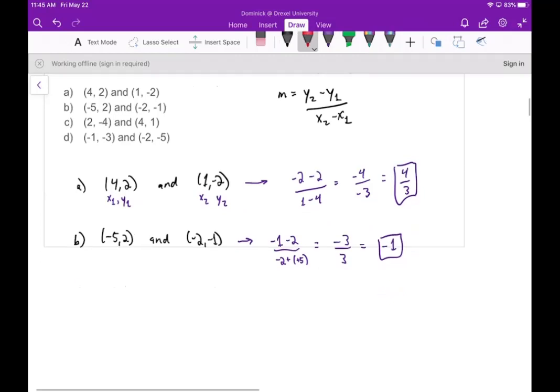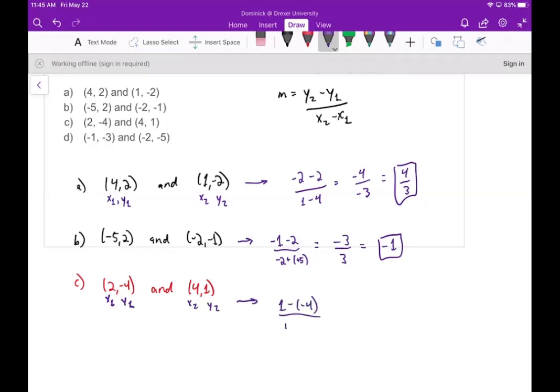Okay, part C, we have 2, negative 4, and 4 comma 1. So we can call this x1, y1, and this one x2, y2. So then that's going to give us a 1 minus negative 4 over a 4 minus 2. So we're going to get a 5 over 2.